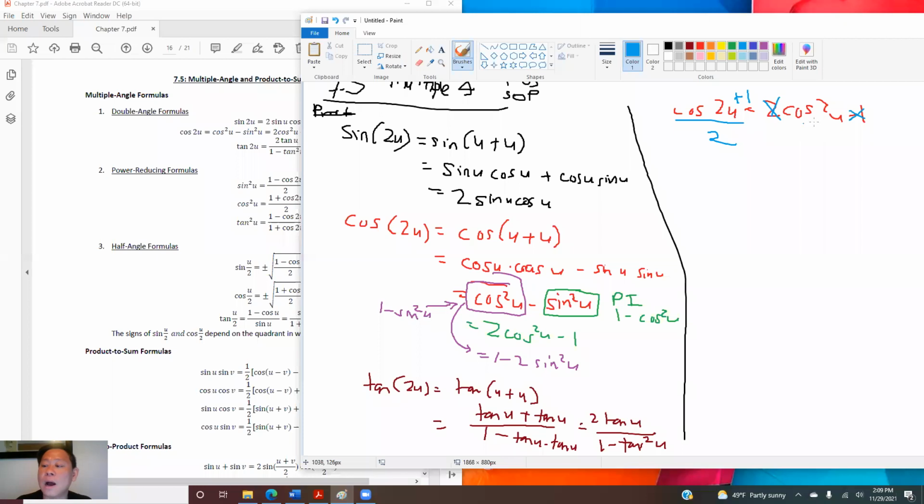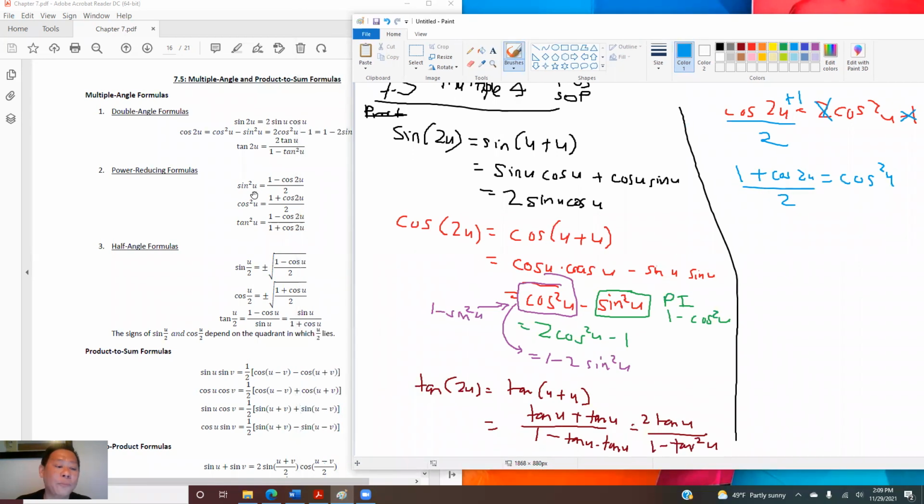So when you do, what is left here becomes cosine square u. And this one is 1 plus cosine 2u over 2. So this is where you get the power reducing: cosine square u is 1 plus cosine 2u over 2.